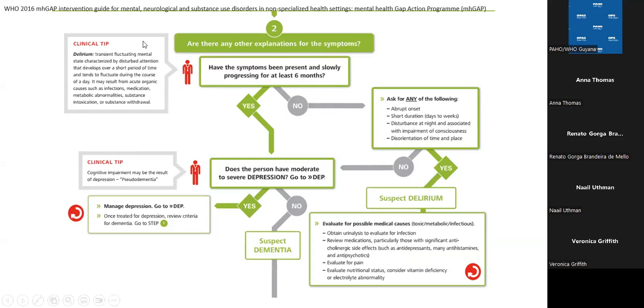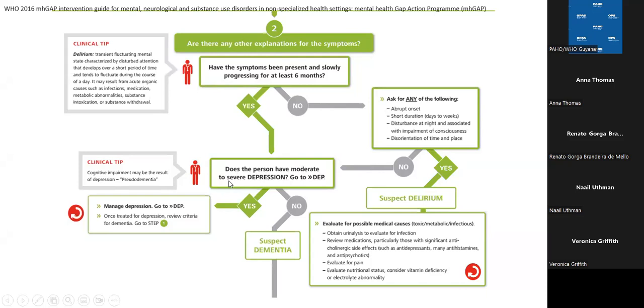So if the symptoms are not possibly explained by other clinical conditions, we have to go further and understand, does the person have moderate to severe depression? Mental diseases may present with cognitive impairment.